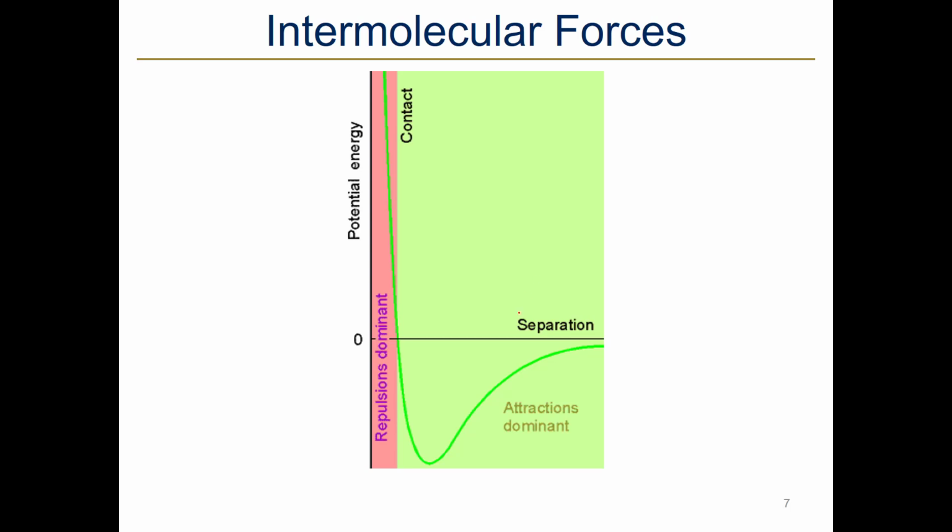If we look at the separation distance between two molecules, here is where they're actually touching versus here where they're really, really far away from each other. When they get really close, the repulsion is dominant. They actually want to push each other away. It's kind of an interesting way to look at it, but this is like a dating relationship, right?